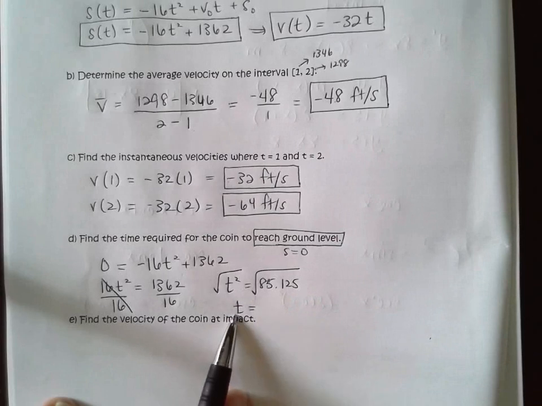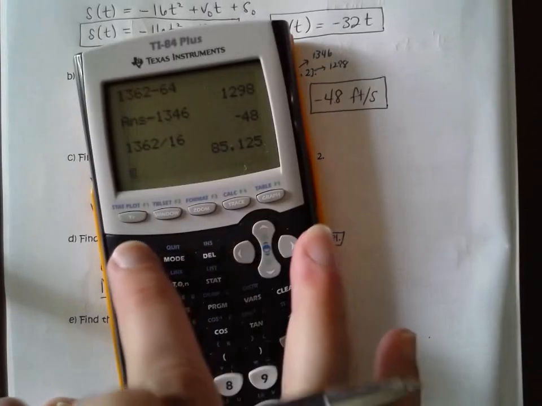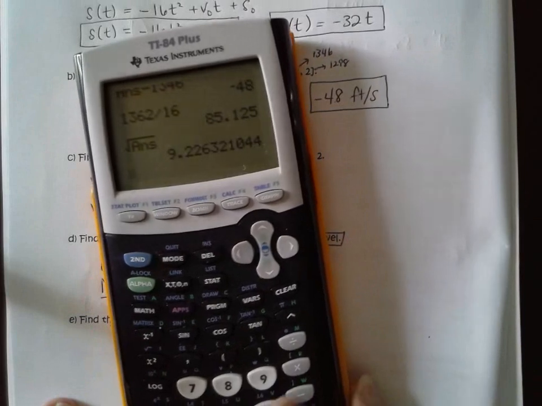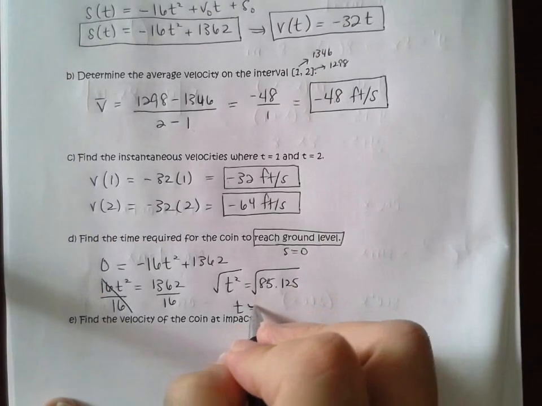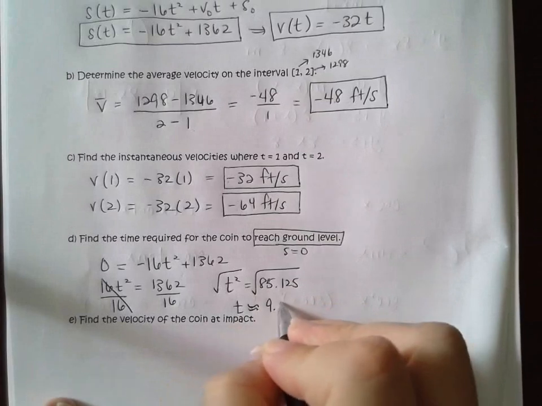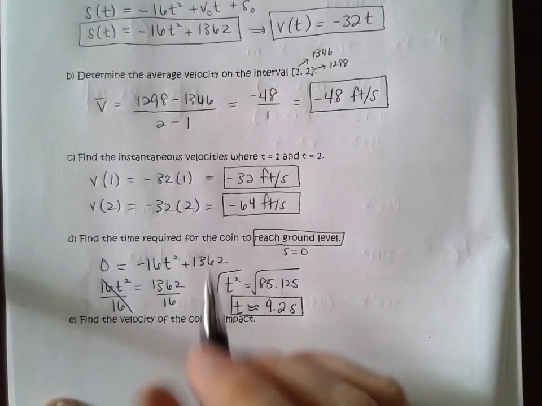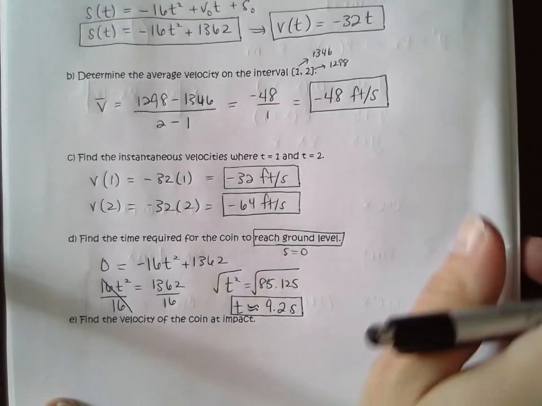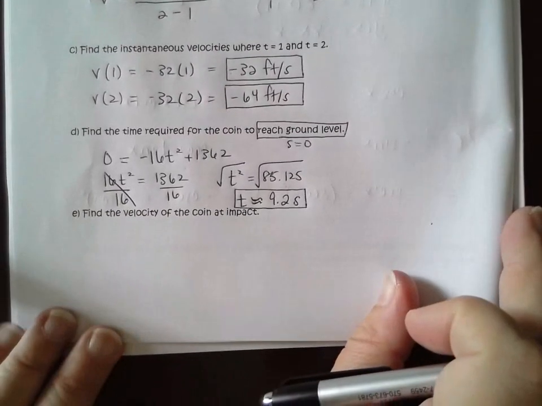However, if we're talking about time, you don't have to remember the negative number because we don't work with negative time. So the square root of that is approximately 9.2, so t is approximately 9.2 seconds. Normally in a question like this, in a testing situation, I would tell you to round to the nearest whatever. However, if I don't, just use your judgment.